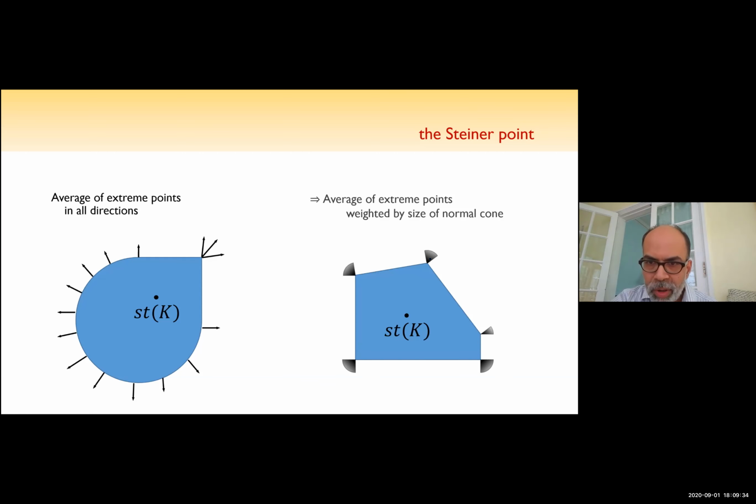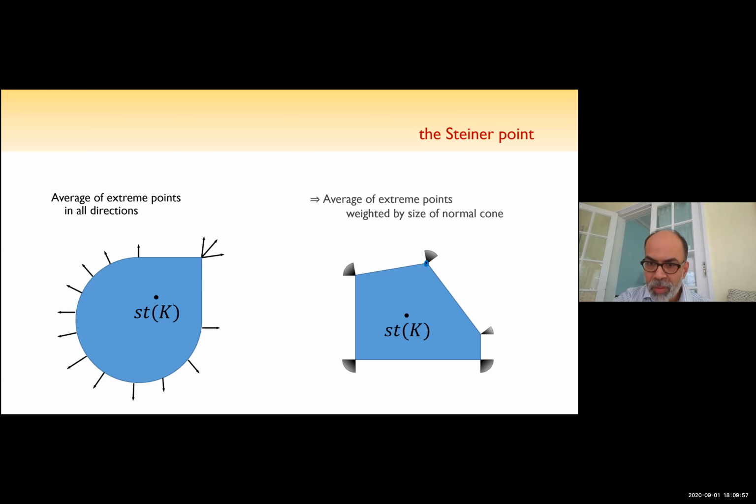Basically, if you look at all the extreme points and you look at the normal cone, the normal cone is defined as exactly those directions which will give you this point as the maximizer, right? So it's the average of the extreme points weighted by the volume of the normal cone at that point.